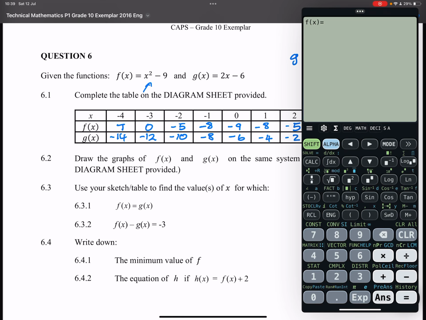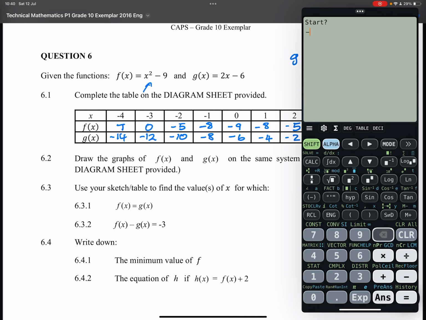You've got f of x there, so I'm going to press alpha x, squared, minus 9, and equals. Then I've got g of x, which is 2, alpha x, minus 9. So I've got both of the functions.